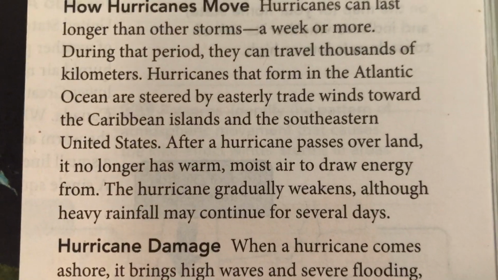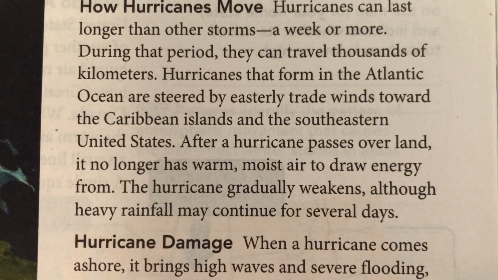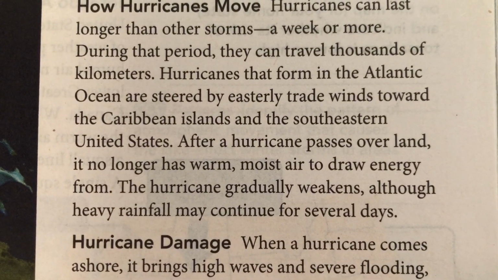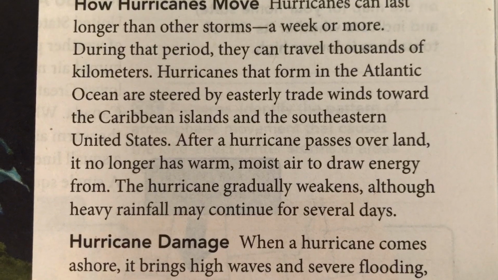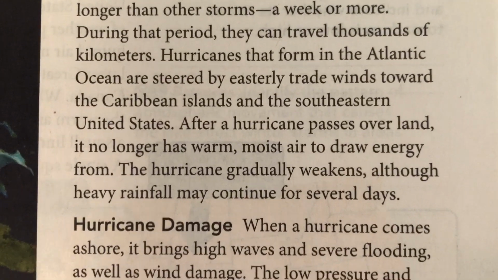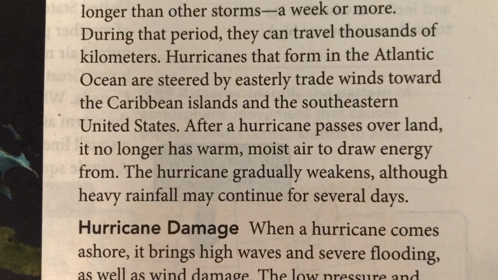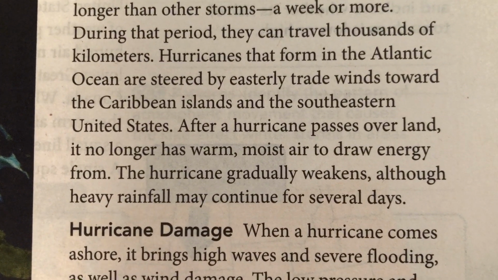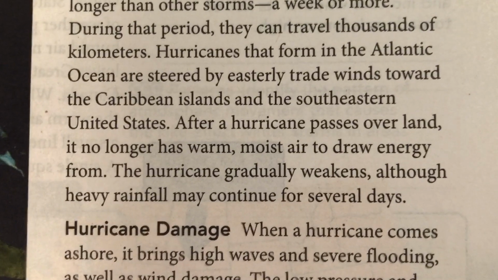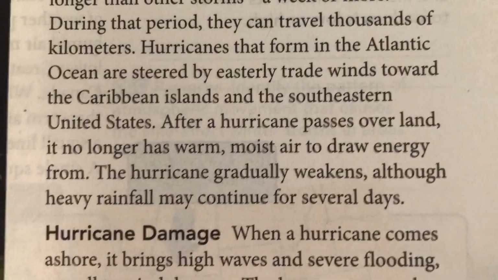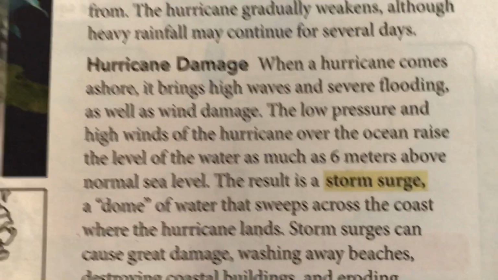Hurricanes that form in the Atlantic Ocean are steered by easterly trade winds toward the Caribbean islands and the southeastern United States. After a hurricane passes over land, it no longer has warm, moist air to draw energy from. The hurricane gradually weakens, although heavy rainfall may continue for several days.